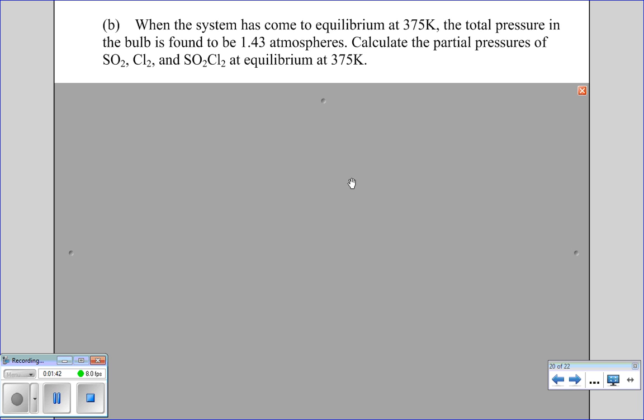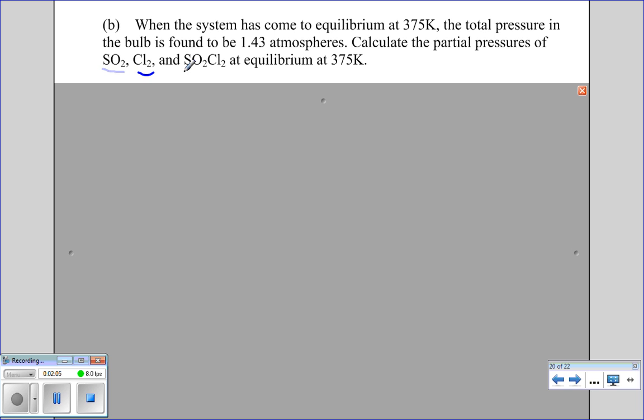Then it gets to equilibrium, and the total pressure is found to be 1.43. What are the partial pressures of each of these things? Keep in mind that from our equation, we know that the concentration of each product, the sulfur dioxide and the chlorine gas, are going to be the same.